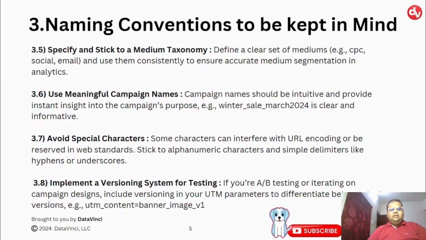That is, include the versions in your UTM parameters to differentiate between test versions, for example utm_content equals banner_image_v1, or if it is another version, it should be banner_image_v2. So these are some of the naming conventions that should be kept in mind, and they can lead to better and more accurate analysis from your end.